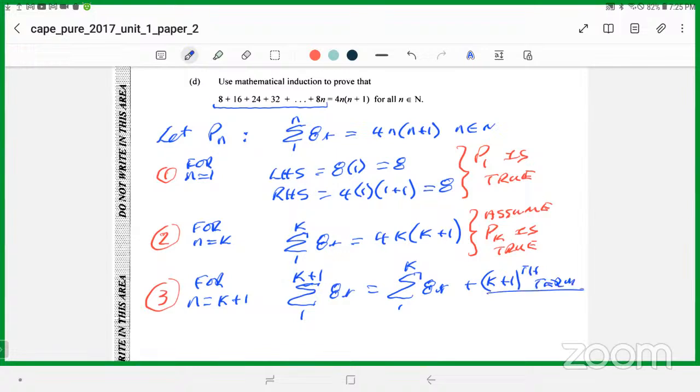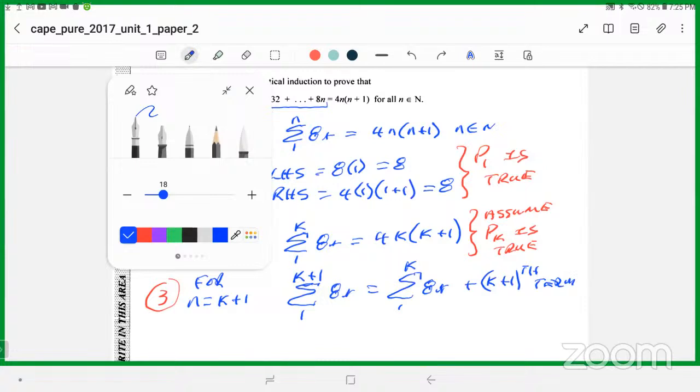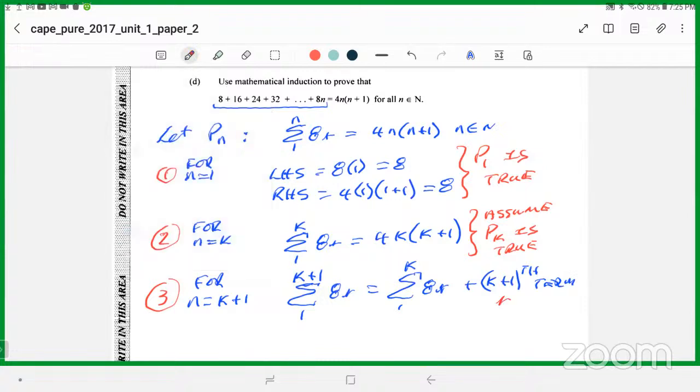What is the k plus 1 term? Simply the term when r is equal to k plus 1. So we take r equal to k plus 1 and put it in there to get that term.